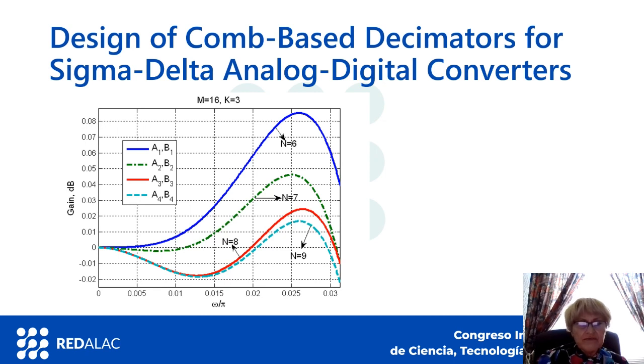Blue for the first design, green second, red is third, and the fourth design is presented here, and it requires 9 adders, and the first design requires 6 adders. We can see that there is a trade-off between quality of compensation and the required number of adders.